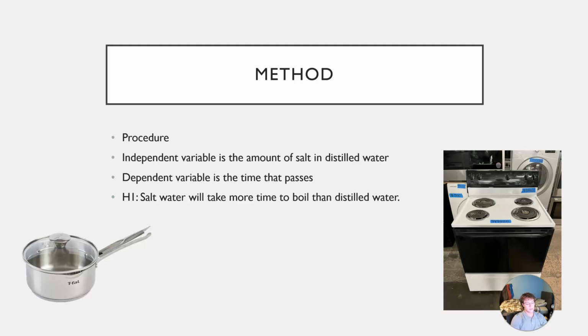So I took the distilled water, added it to the pot, and then I placed it on the burner, turned on the stopwatch, waited for it to come to a rolling boil, paused the timer, turned off the burner, set the pot aside, recorded the data, and then I waited in between.